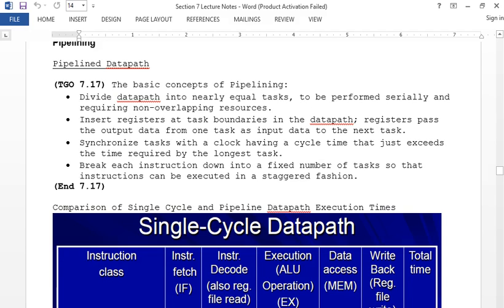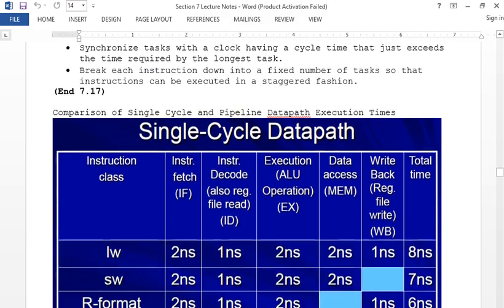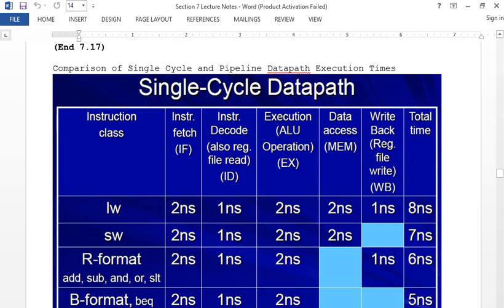And so, a comparison of single cycle and pipelining execution times. If we were just doing single cycle, we do load word. In this example, they're all 2 nanoseconds for instruction fetch, instruction decode, execute, memory, and write back, so that's a total of 8 nanoseconds.